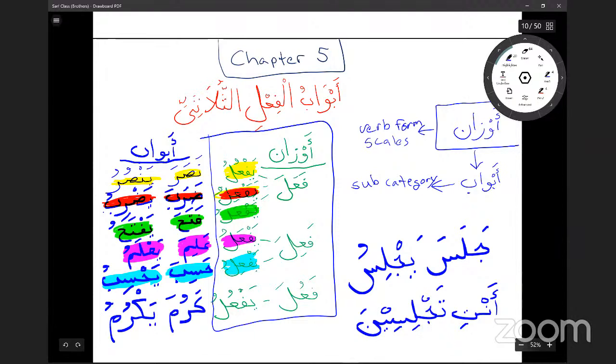Because tajlisina belongs to jalasa yajlisu, it's the anti form. And if I was to ask you, this word tajlisina here, what bab does it go under? What would you say, akhi?